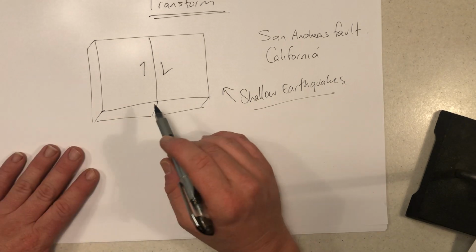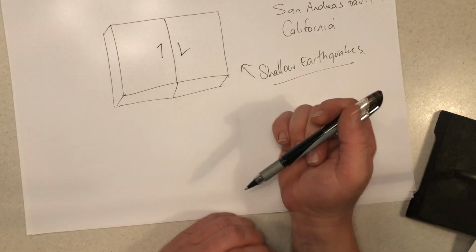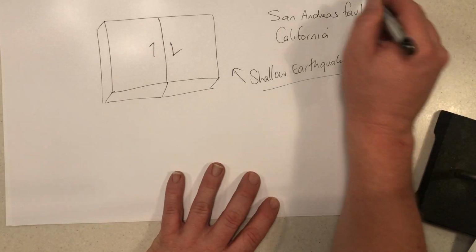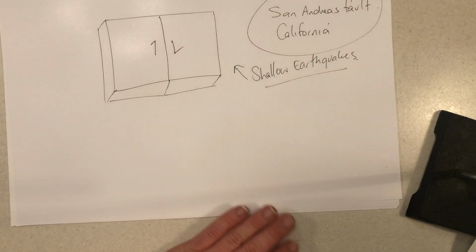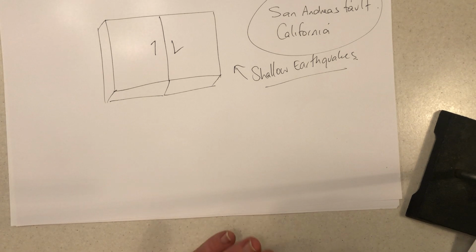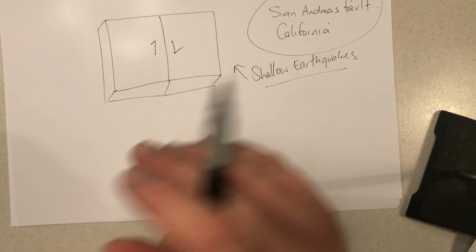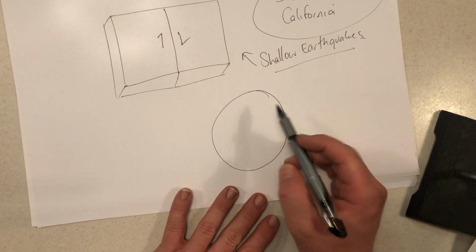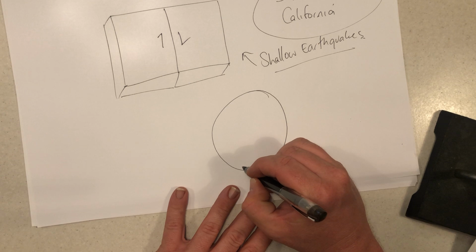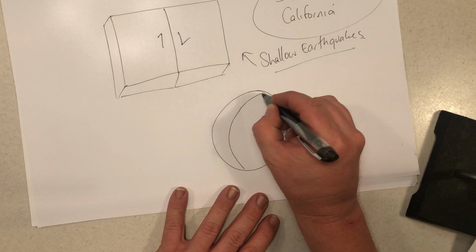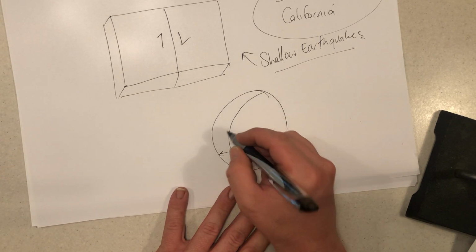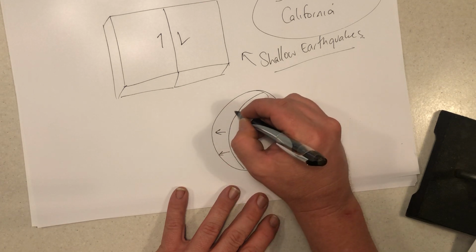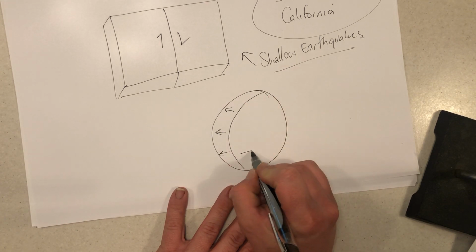transform boundaries. Now, transform boundaries aren't always found along the coast of continents. In fact, they're mostly found in the middle of the ocean. Because the Earth is round, when we have a divergent boundary where plates are moving apart, it will form, I guess, a circle like this.